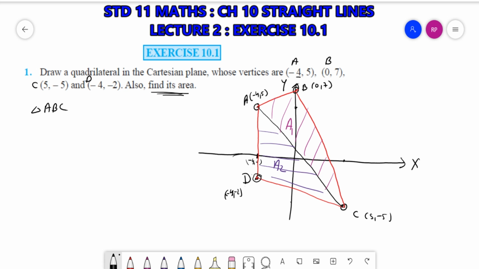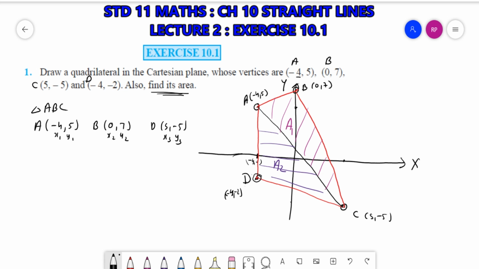In triangle ABC, A is (-4, 5), B is (0, 7), and C is (5, -5). Let's take x1, y1, x2, y2, x3 and y3.